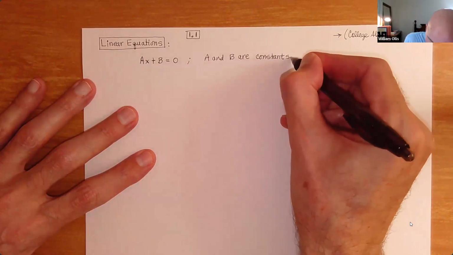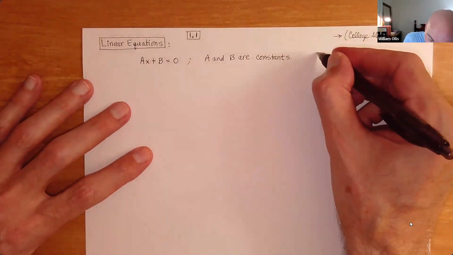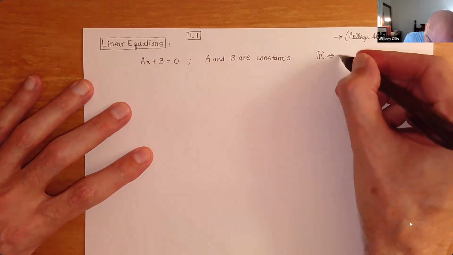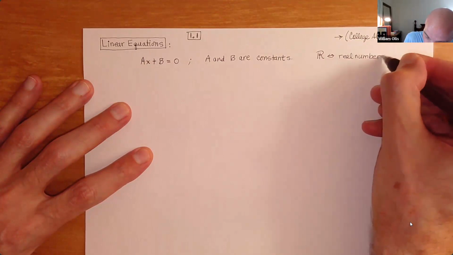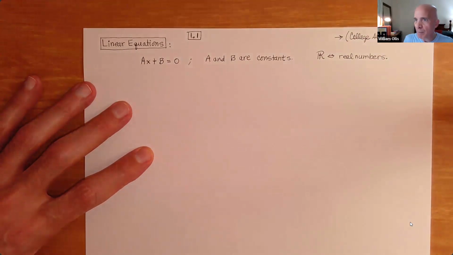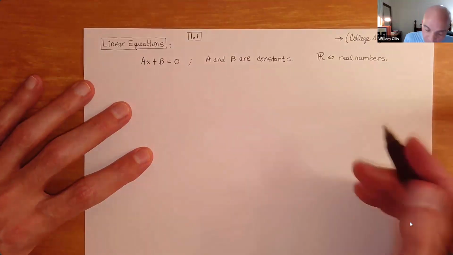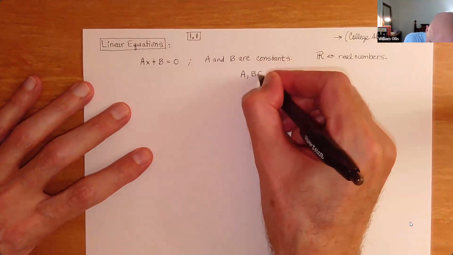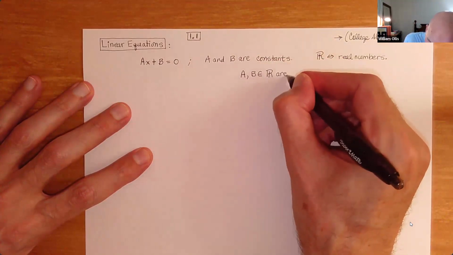Now, for instance, we have a lot of notation that we use in mathematics. So if we wanted to say they were real numbers, we can use what we call a script R to denote real numbers. That's a common notation when you're writing and you don't have a boldface. When we type, we can bold anything, but that's like a boldface R when you're writing it, or if I'm writing on the board. And so we could say that A, B contained in R, real numbers, are fixed.